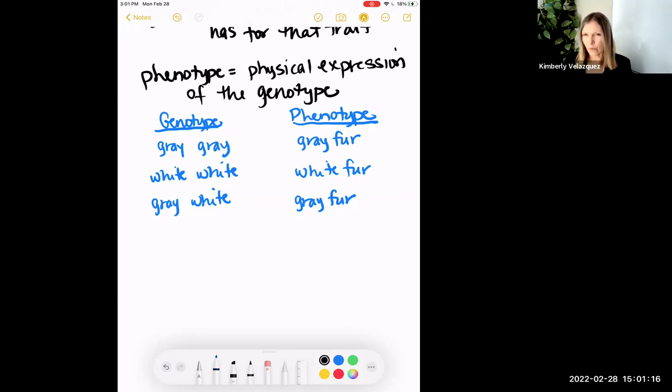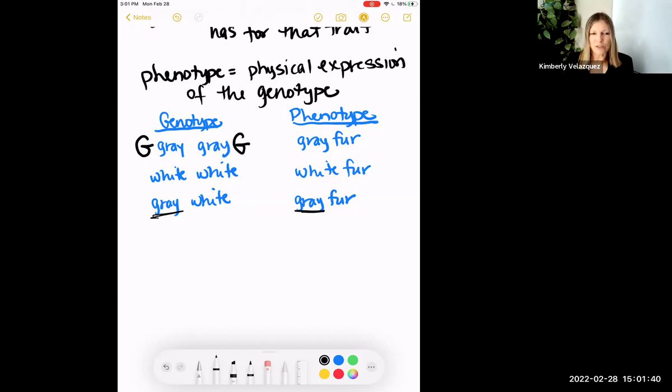So gray, we've already determined is dominant. We know that because in the heterozygous individual, gray is the one that gets expressed. So we're going to represent the gray fur allele with a capital G. So the genotype of this first individual is big G, big G. In other words, 2 gray alleles.